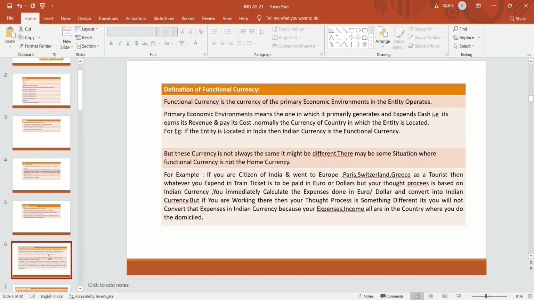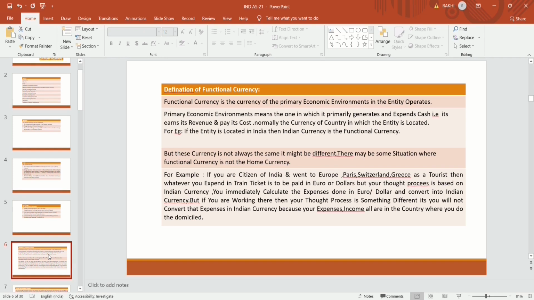This is to be explained by an example. Suppose one Indian citizen went to Europe for a tour. His thought process is totally based on the Indian market, and he earns in India, he spends in India.